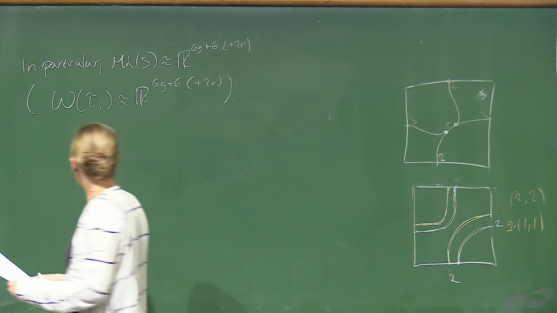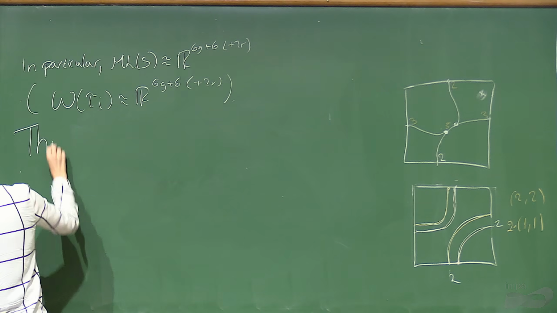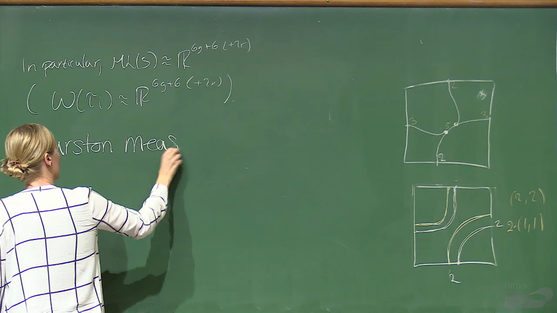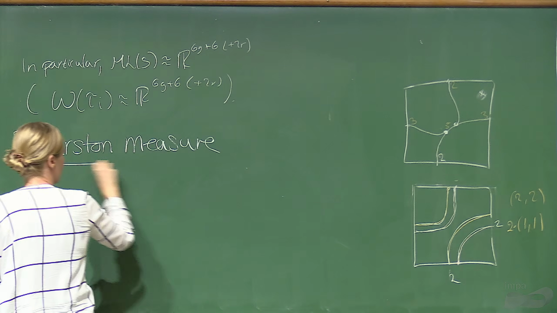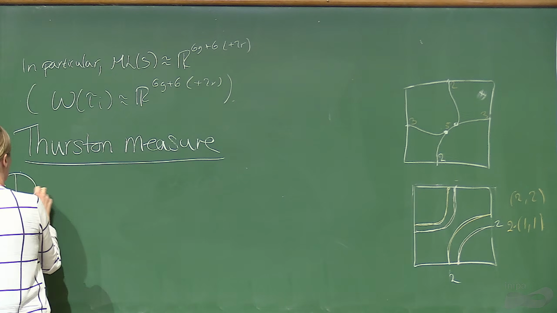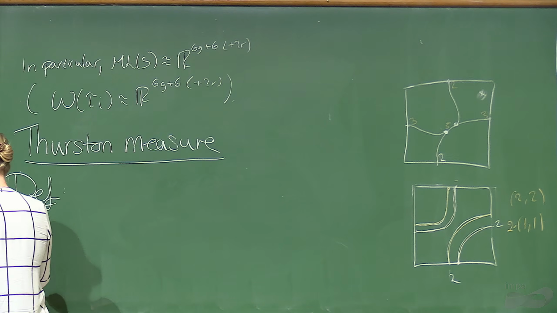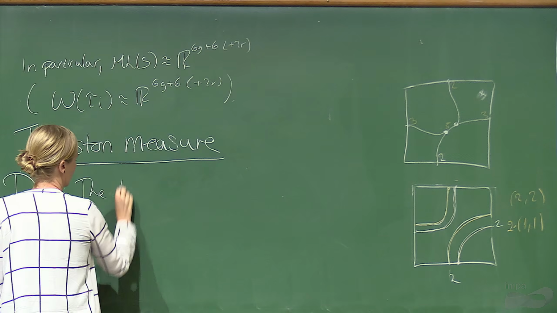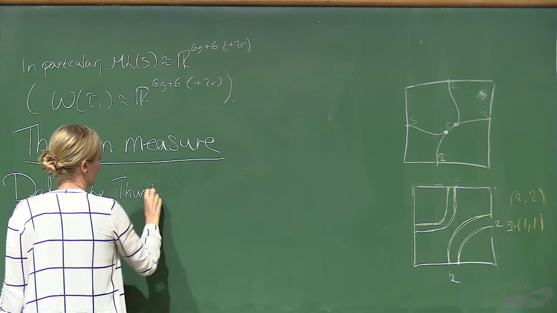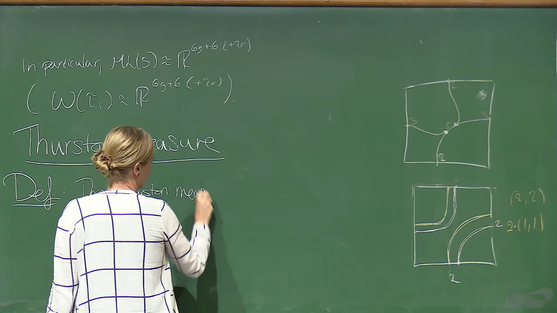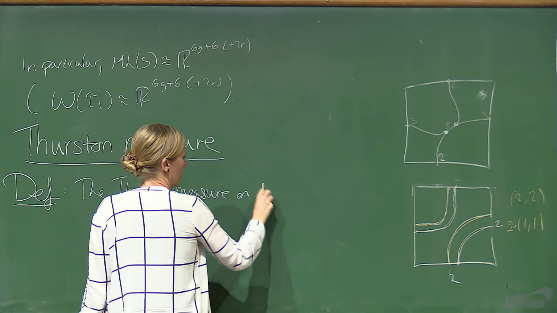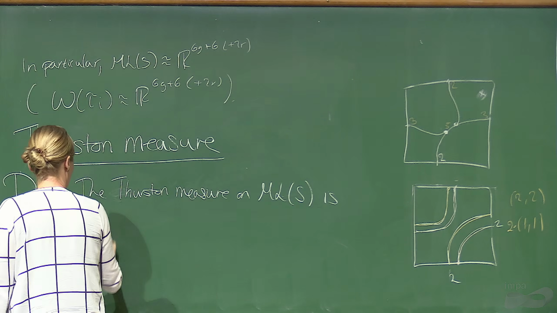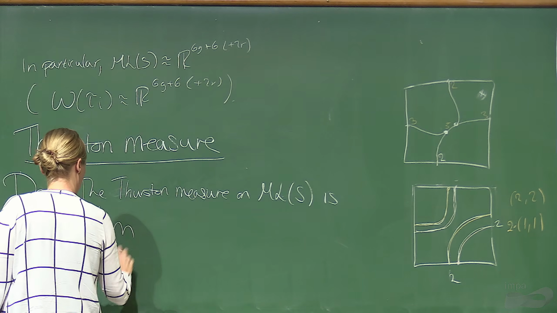So I'm going to use this to define the Thurston measure. So the Thurston measure on ML is the following limit, and I'm going to explain to you why this limit exists.